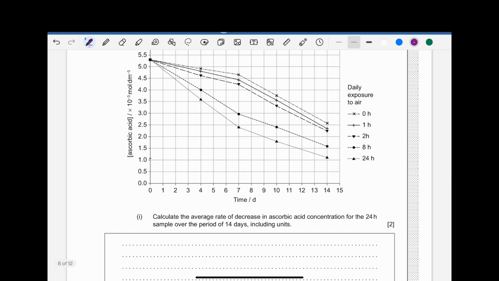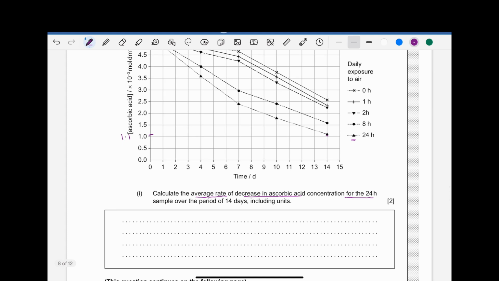D. Calculate the average rate of decrease in ascorbic acid concentration for 24 hours. This graph is for 24 hours, and right at the start, if I read from here, it looks like 5.3 mol per dm cube, and here it looks like 1.1.